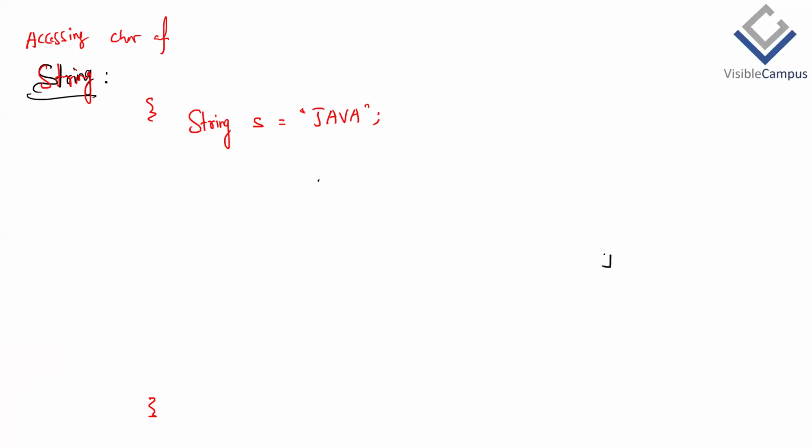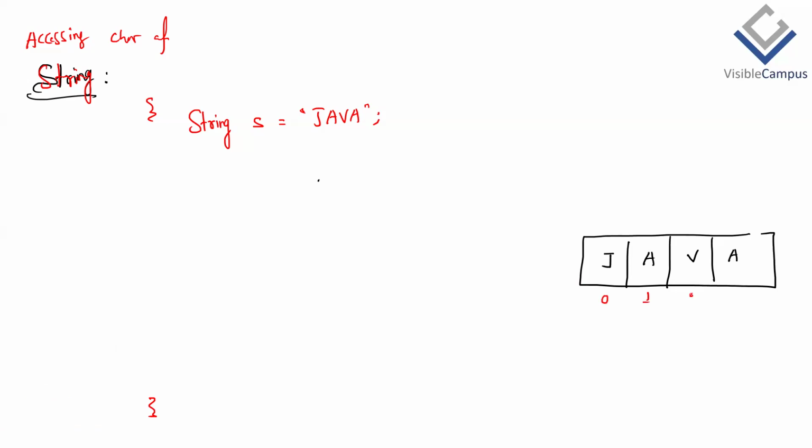J, A, V, A are 4 characters. So this will be stored in character array format internally, with indexing starting from 0, then 1, 2, 3. Then the variable name s refers to this object.